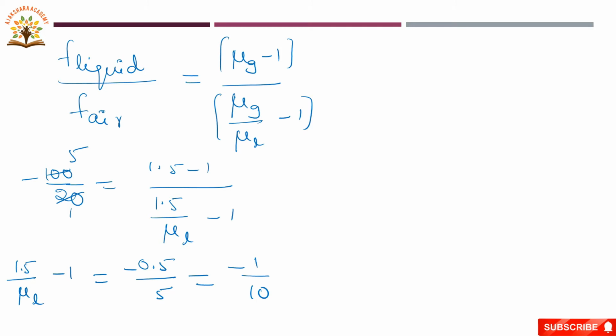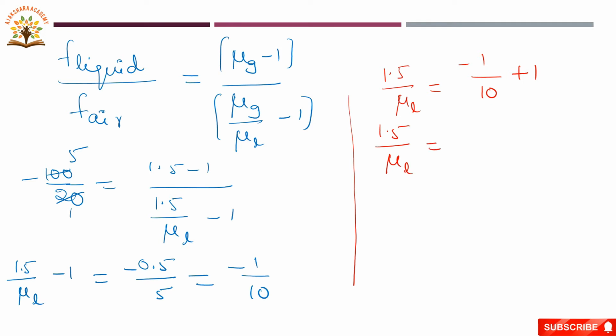So now 1.5 by mu L is equal to, minus 1 is going that side, it becomes plus 1, minus 1 by 10 plus 1. Now taking LCM, 1.5 by mu L is equal to (minus 1 plus 10) by 10, so that is equal to 9 by 10.